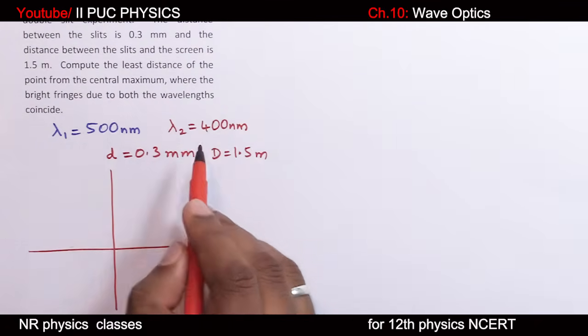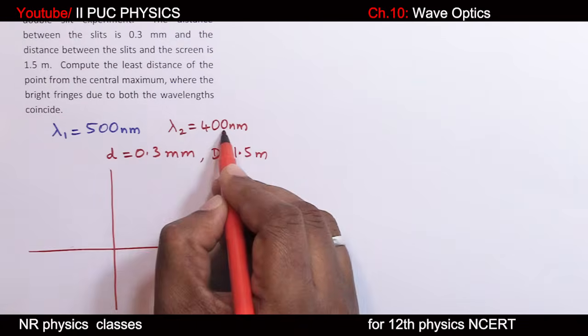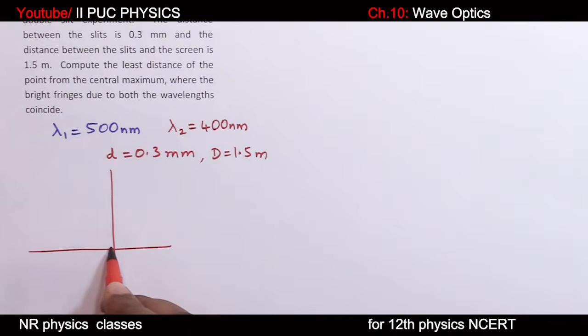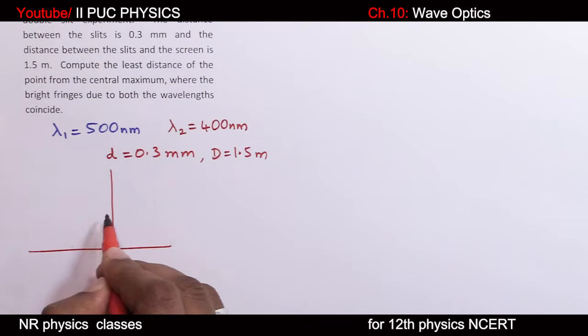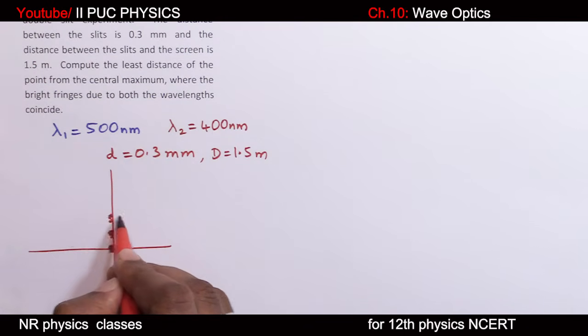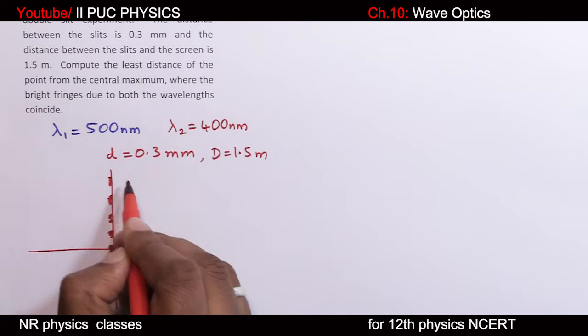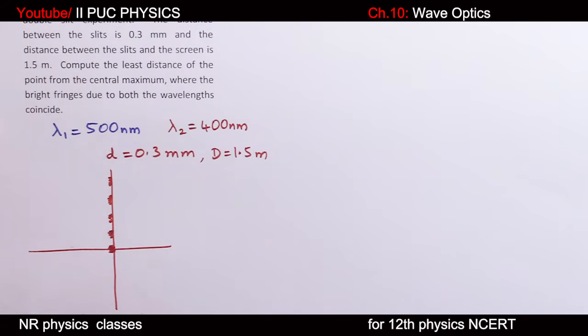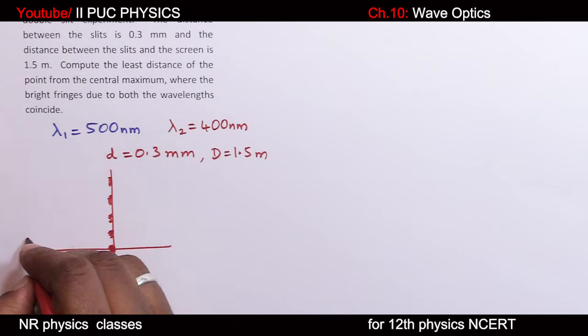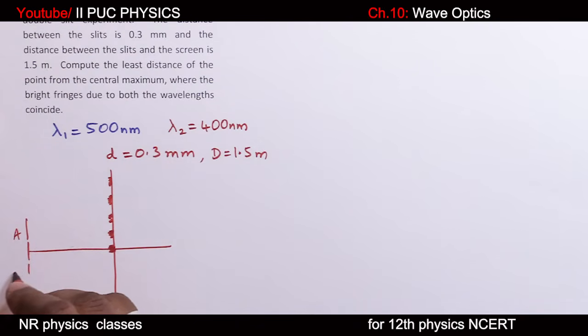Red color 400 nanometer, wavelength is less than the other, means that results in small fringes, central bright, first bright, second bright, third bright, fourth bright, and so on. Of course, these two are the slits, A and B.